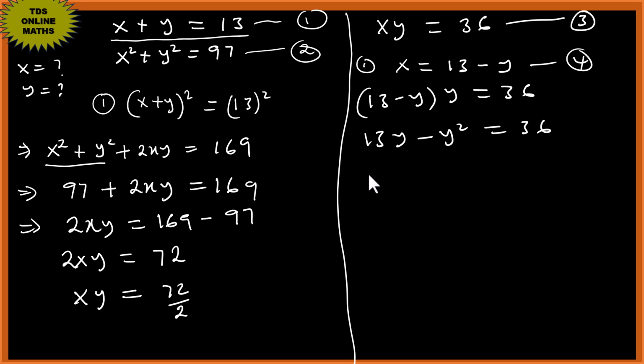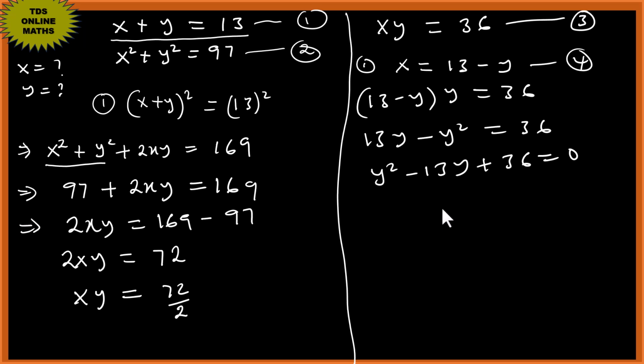So let's arrange this one. We have y squared minus 13y plus 36 equal to 0. So let's solve this one together.